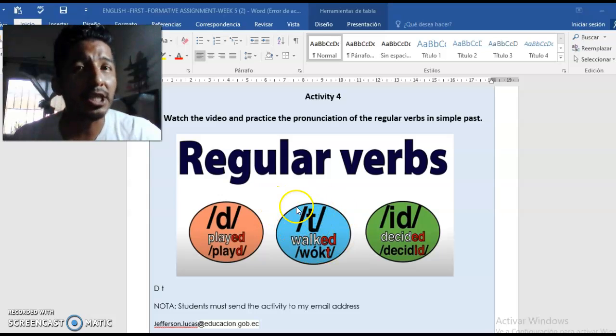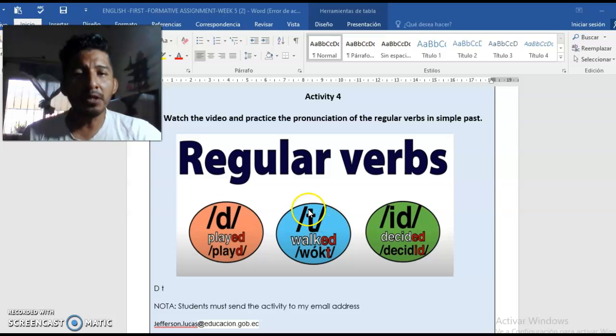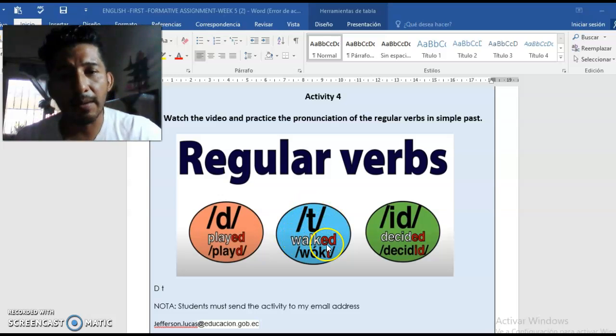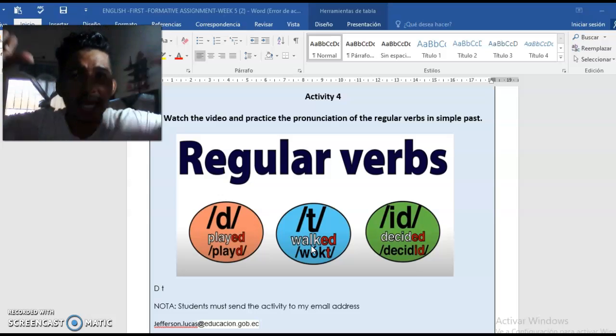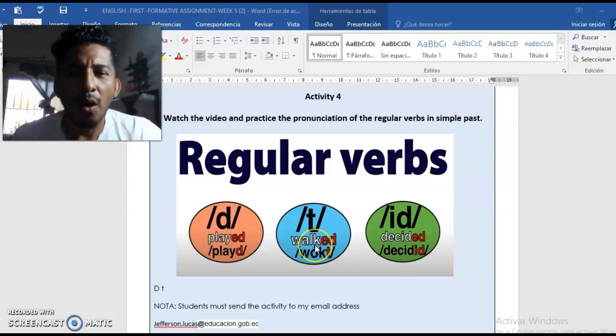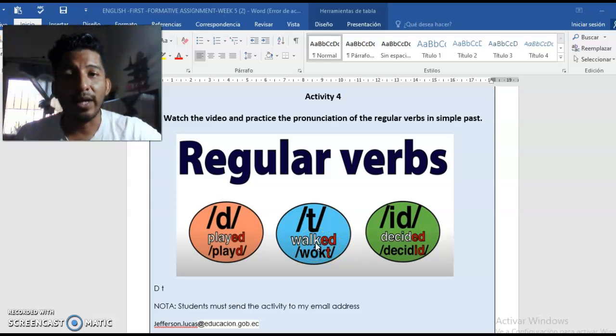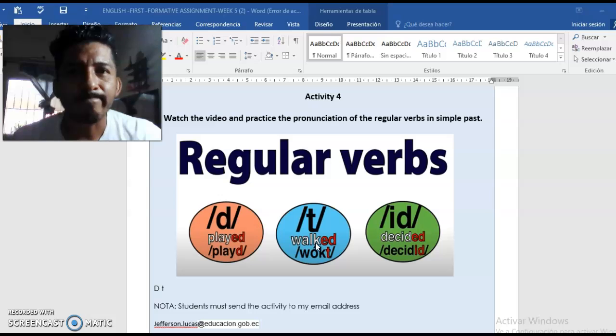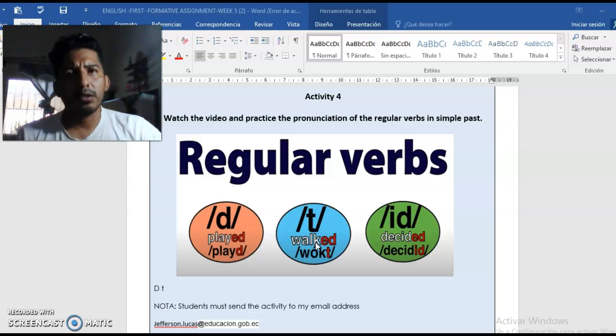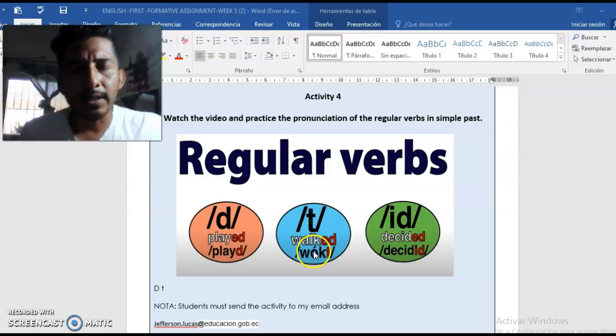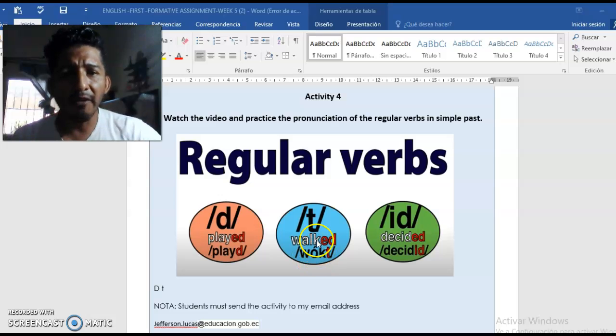The second pronunciation is T. For this pronunciation, we have an example, the verb walk in past, walked. "Walk it" is a mistake. Walked is correct. Why walked? Let me explain this pronunciation. If you look at the word walk, it doesn't have a vibration here.